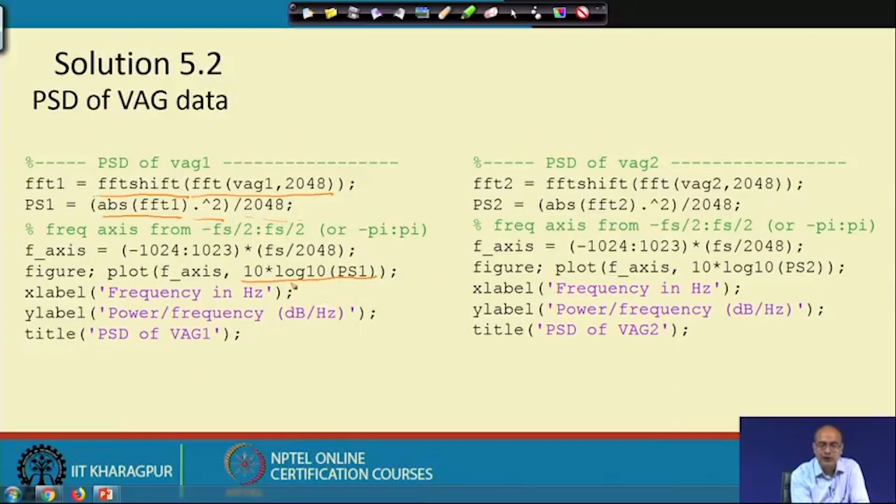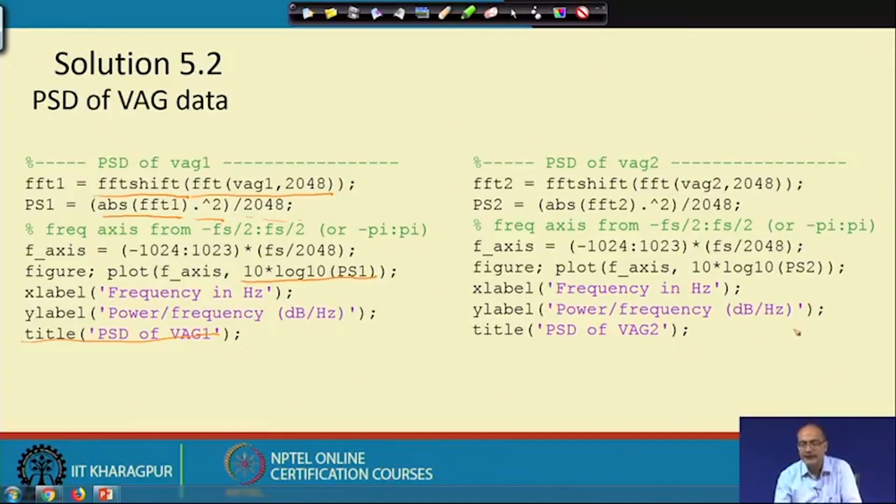So, we take logarithm to the base 10 and multiply with 10, and then we label the x axis and y axis. Okay. And also we write the title. So, this is the way we get it for signal 1, VAG 1.